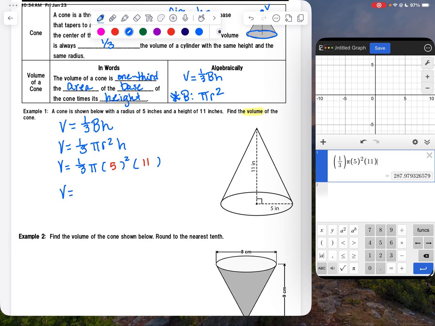So we're going to round this to the nearest tenth. So 288.0 cubic inches.